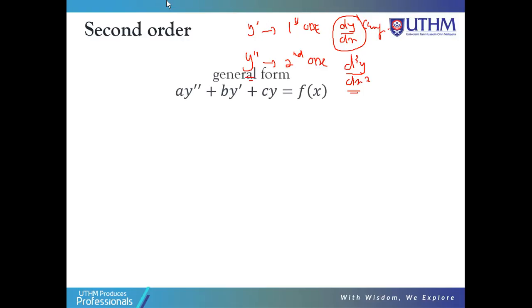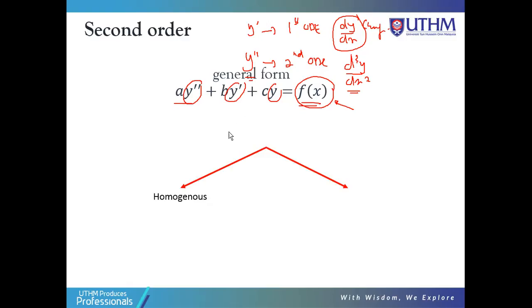Okay, so how can we determine whether the second order ODE is homogeneous or non-homogeneous? It depends on this form. They have ay double prime, by prime, and cy, and also f(x). So here is the important parameter that you need to analyze, whether the ODE is homogeneous or not.